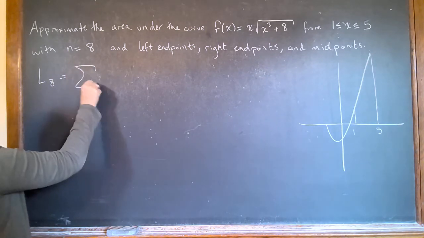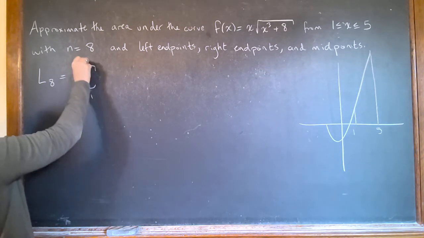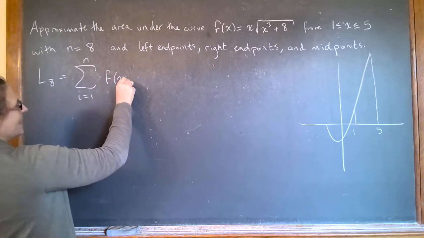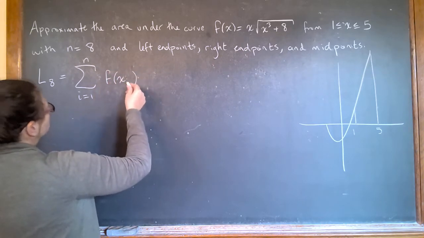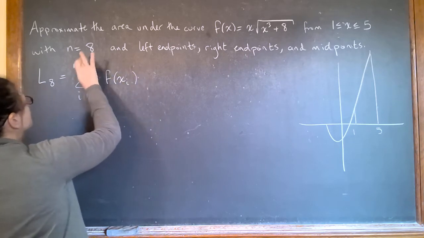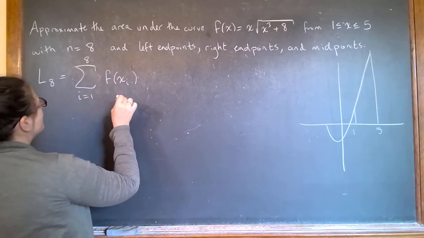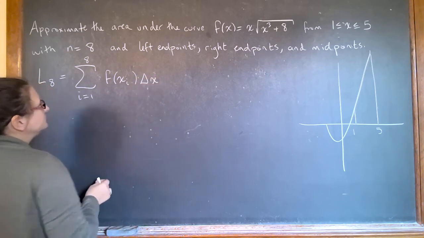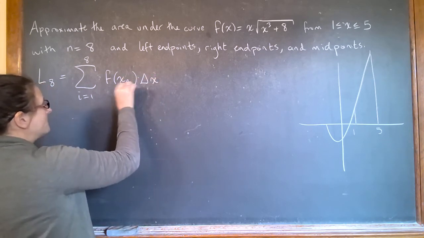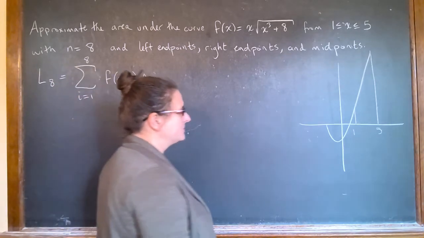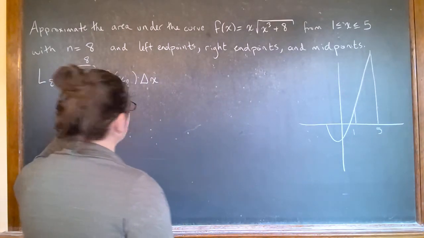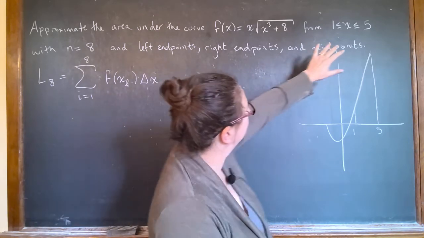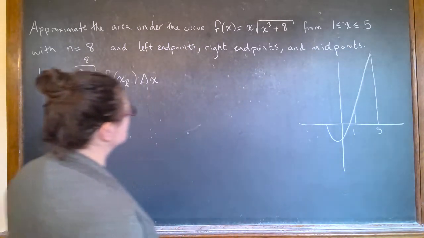So I'm going to have my sum from 1 to n of f of some x_i. Let's do x_L because it's the left endpoint. And now these are my subintervals. I've got 8 subintervals.